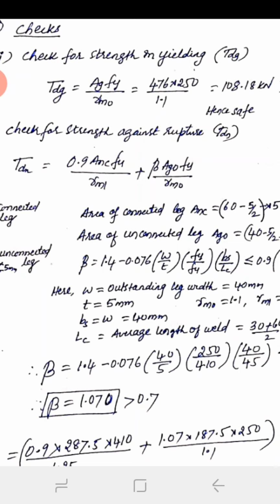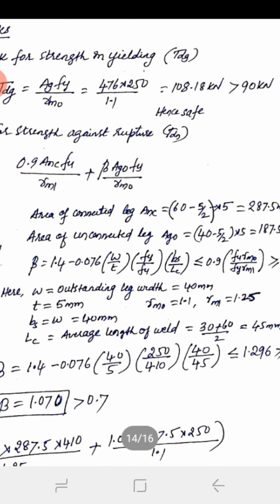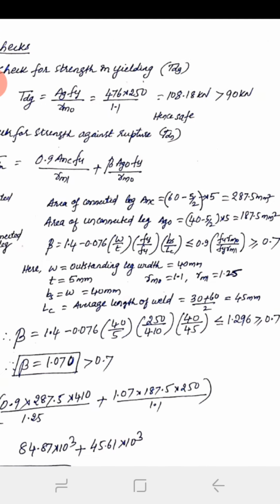When you substitute all the values and calculate, you will be getting the load as 108.18 kilonewton, which is more than the 90 kilonewton given load. Hence the section is safe in yielding.